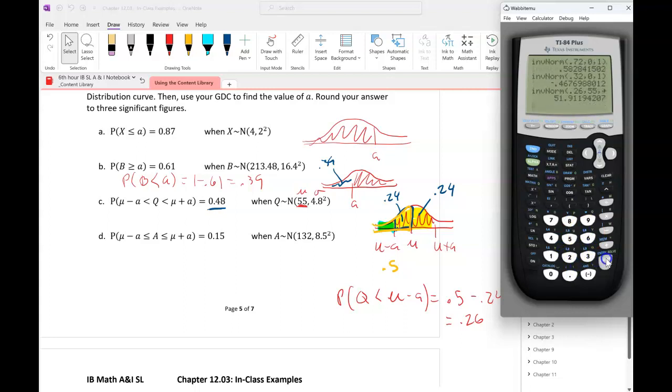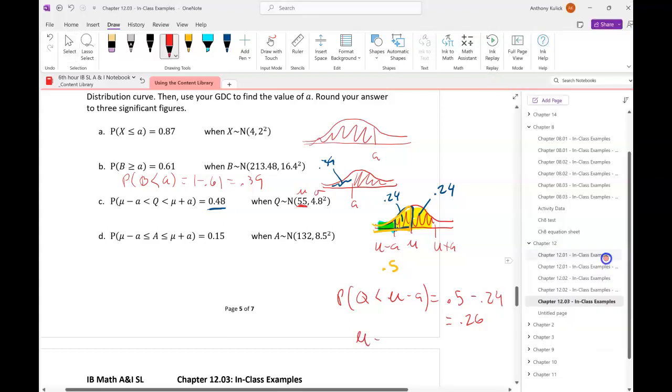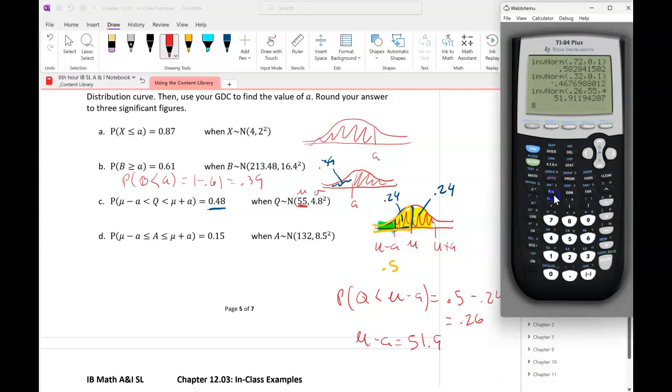So mu minus A equals like 51.9. How am I going to solve for A? I'm going to subtract mu, which is 55, and then divide by -1.